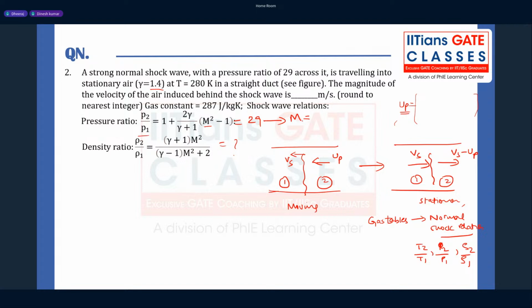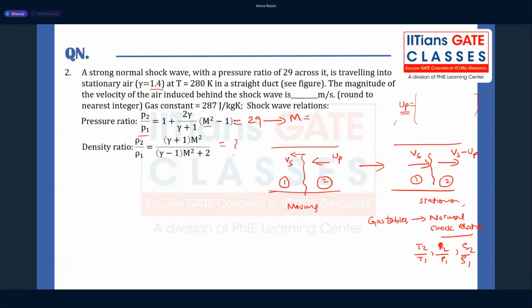Can anyone tell me what is my Mach number?